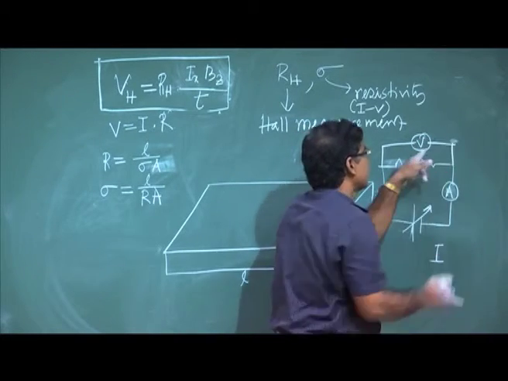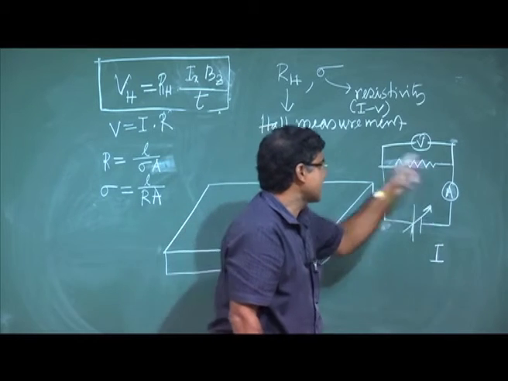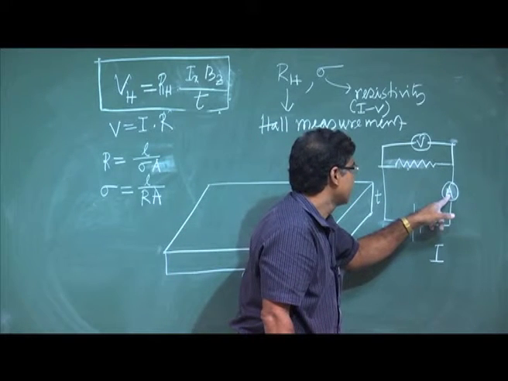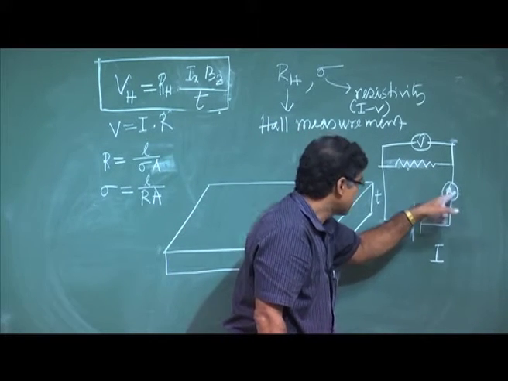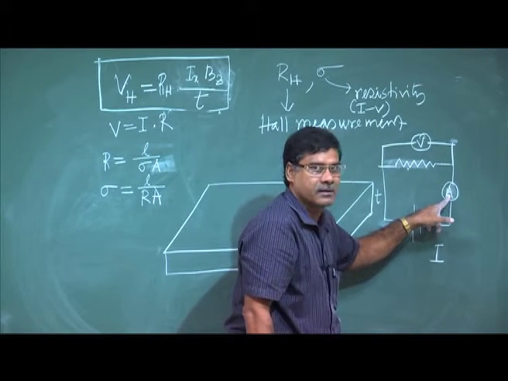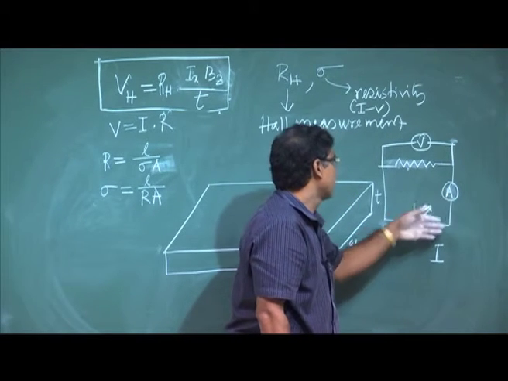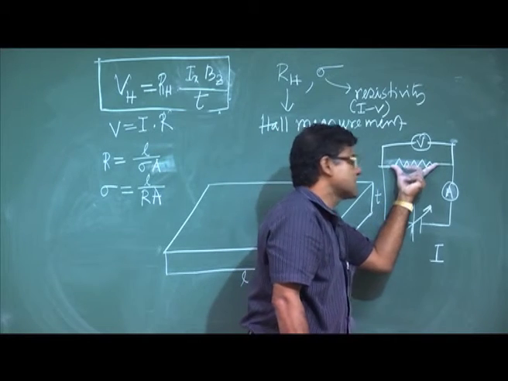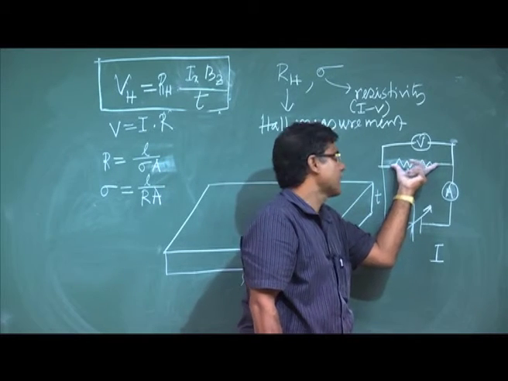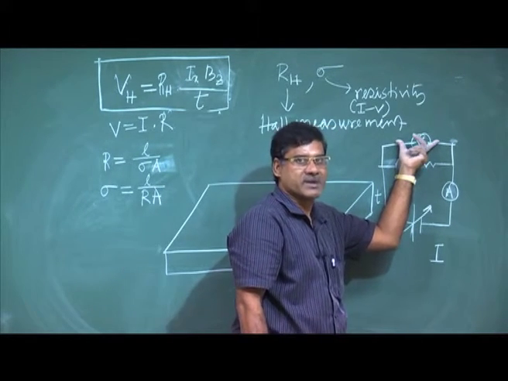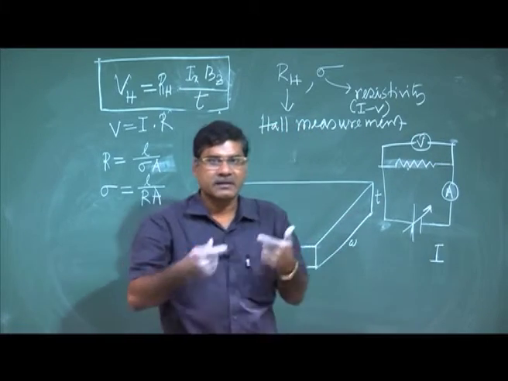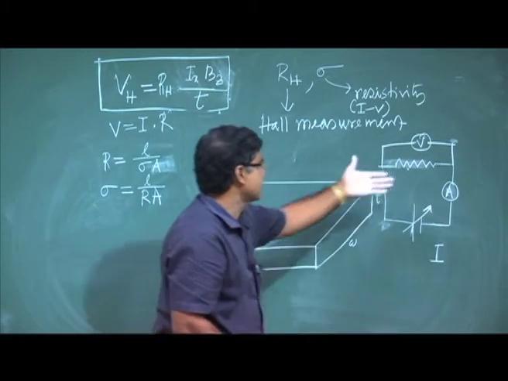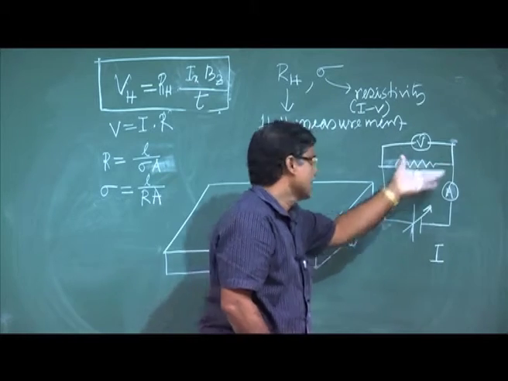I set the current in the circuit, I get this reading from the ammeter, and the voltage drop across this resistance I get from this voltmeter.